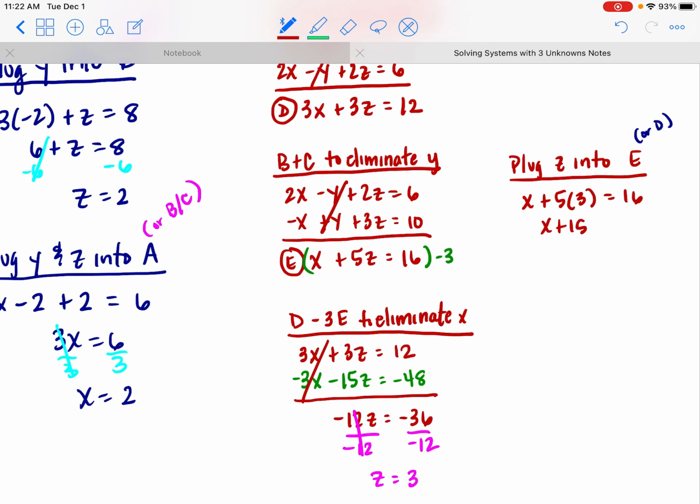So if x plus 15 has to equal 16, then x has to equal 1.